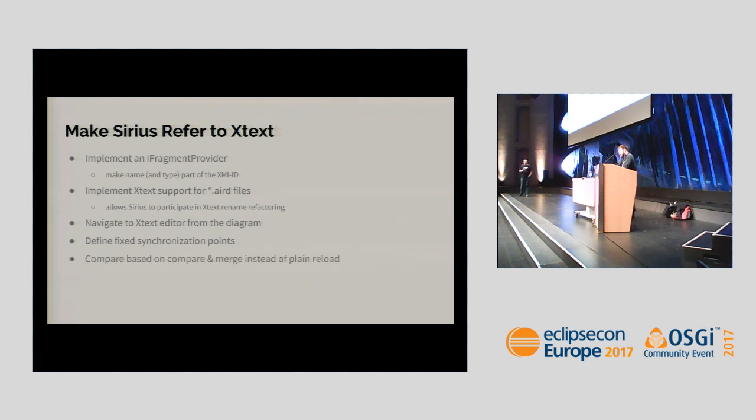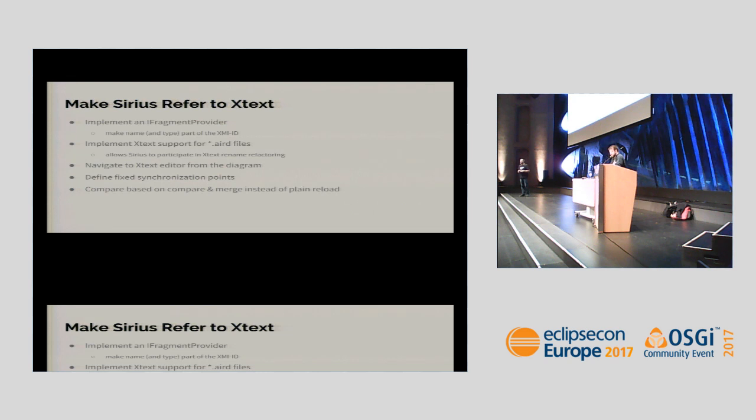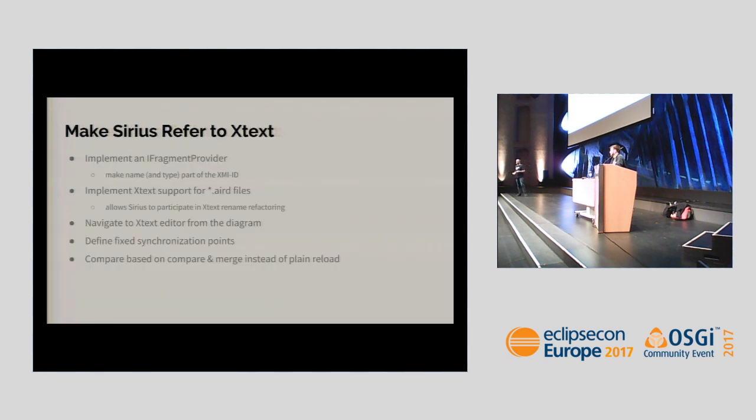Okay, then again, you can try to get some safety by using a compare and merge approach. So there's EMF Compare. If something is no longer findable, if a reference is dangling, you go for EMF Compare and find something similar, or try to find out why that happens. I personally don't like that approach so much, because it brings a bit of magic into something that should be strictly consistent.